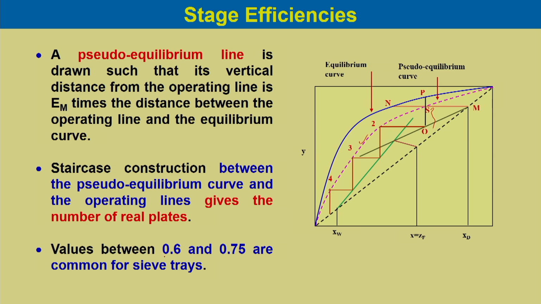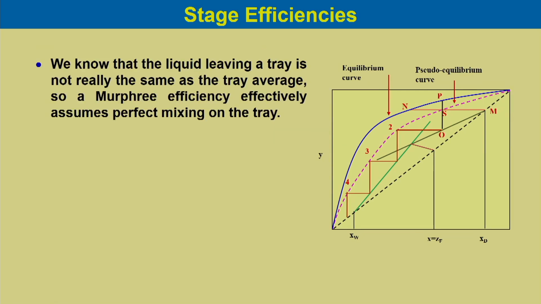Typical values for E_M are generally 0.6 to 0.75 for sieve trays. We know that the liquid leaving a tray is not really the same as the tray average.